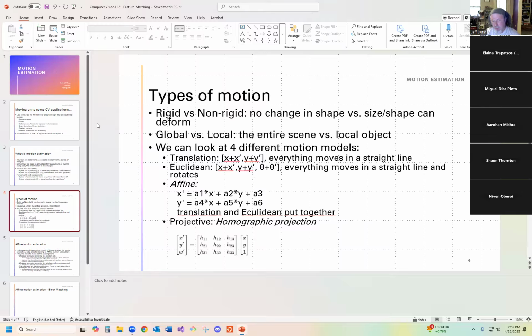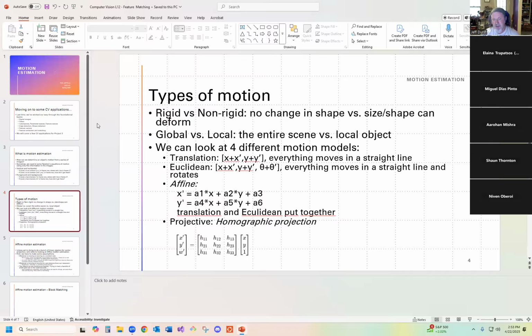So for motion tracking in images, there are pretty much 4 models you can find and use. The first one is just a translational model. So you just have x plus x prime, y plus y prime, right? You look at the delta of the pixel. And when you do a translational motion model, you are coming at it from the assumption that everything is moving in a straight line at a constant velocity.